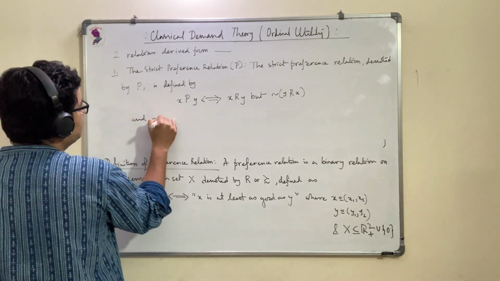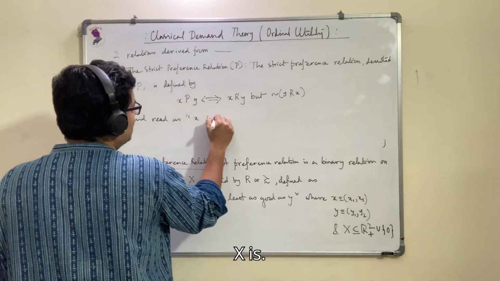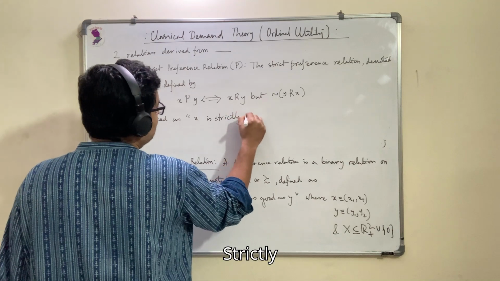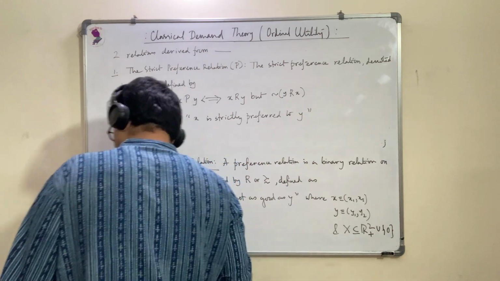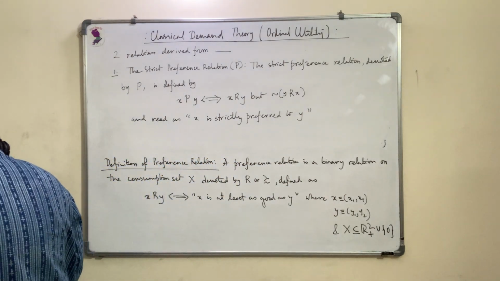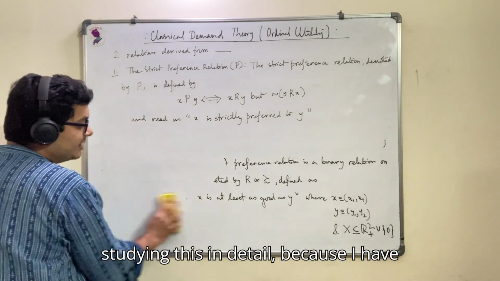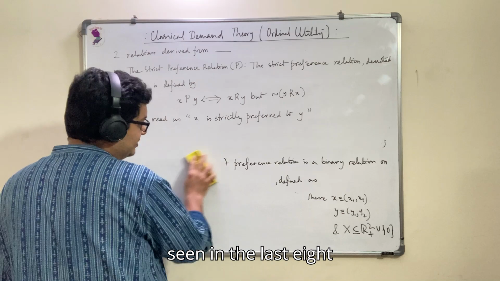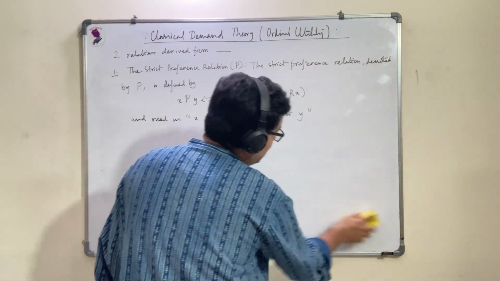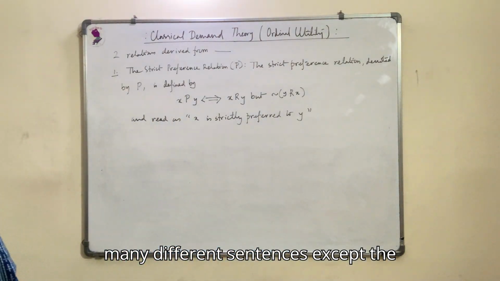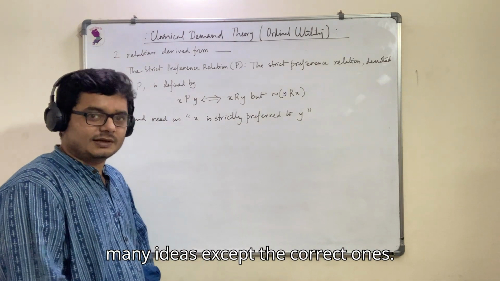And read as X is strictly preferred to Y. The primary reason that we are studying this in detail is that I have seen in the last 8 years many students having many different sentences except the correct ones, which leads to many ideas except the correct ones.